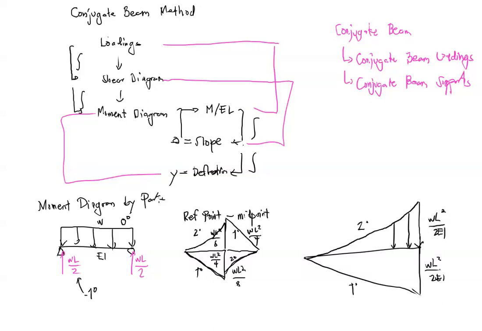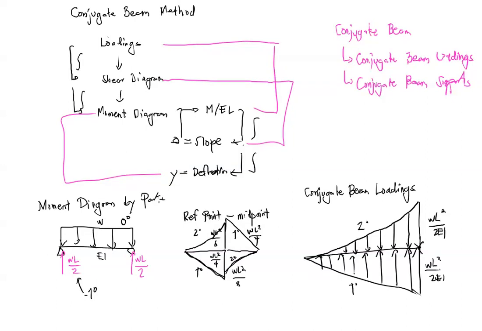Downwards to. Then upwards ito. So ito yung magiging conjugate beam loading spot. Okay, nasatisfy na yung una.